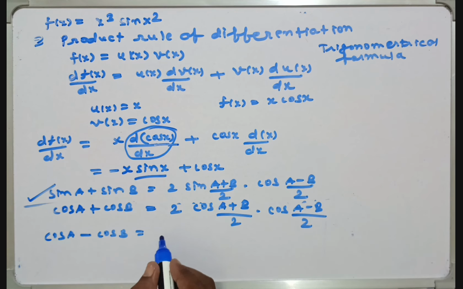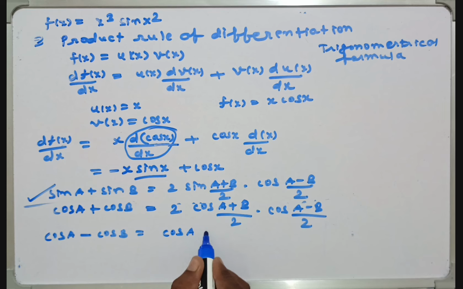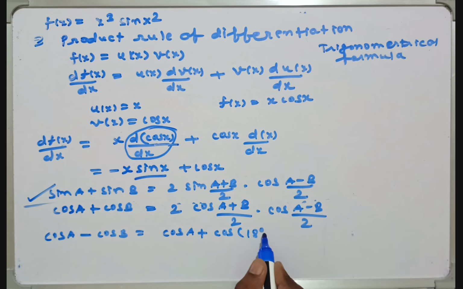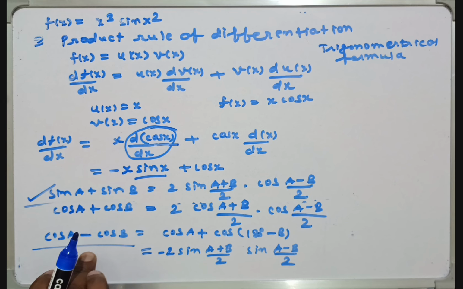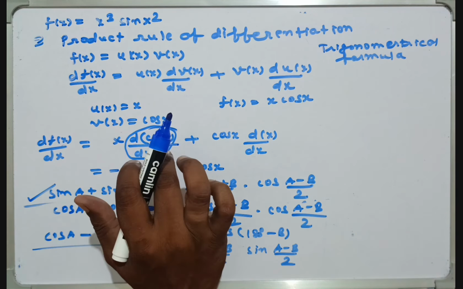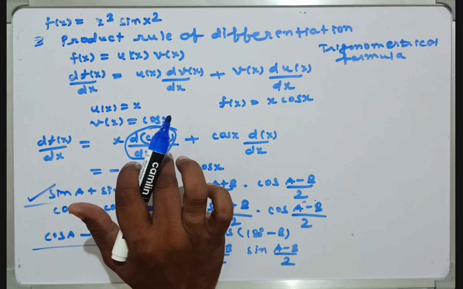You can write it as cos A plus cos(180 degree minus B) also. This will come minus 2 sin((A+B)/2) sin((A-B)/2). Okay, so this is the formula which is being used here for finding the differentiation of cos x.